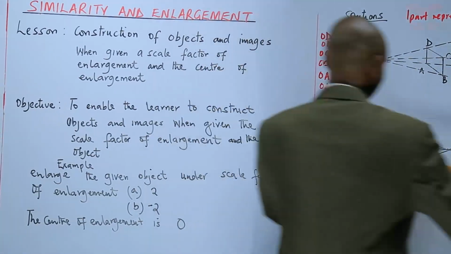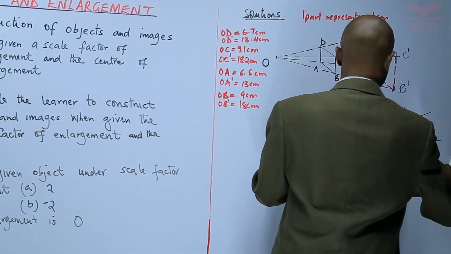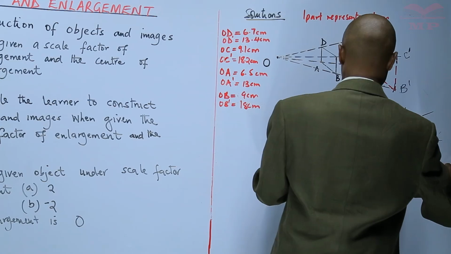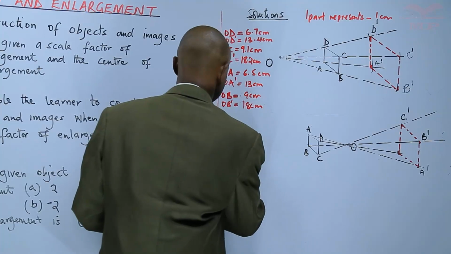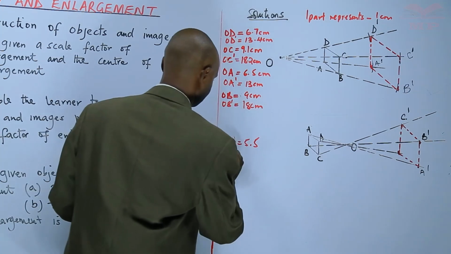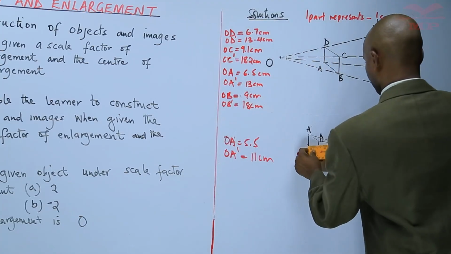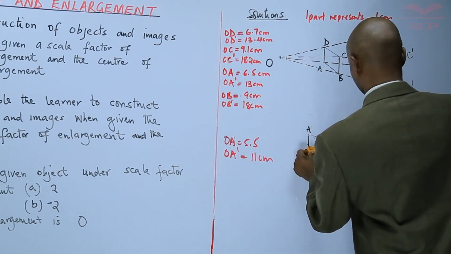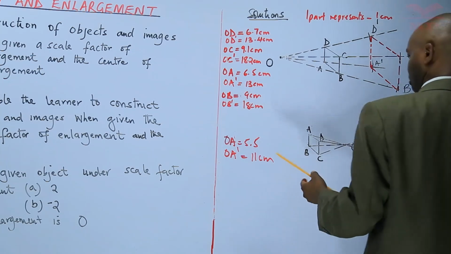You realize OA prime, or A, was 5.5. We come to B, or B prime.